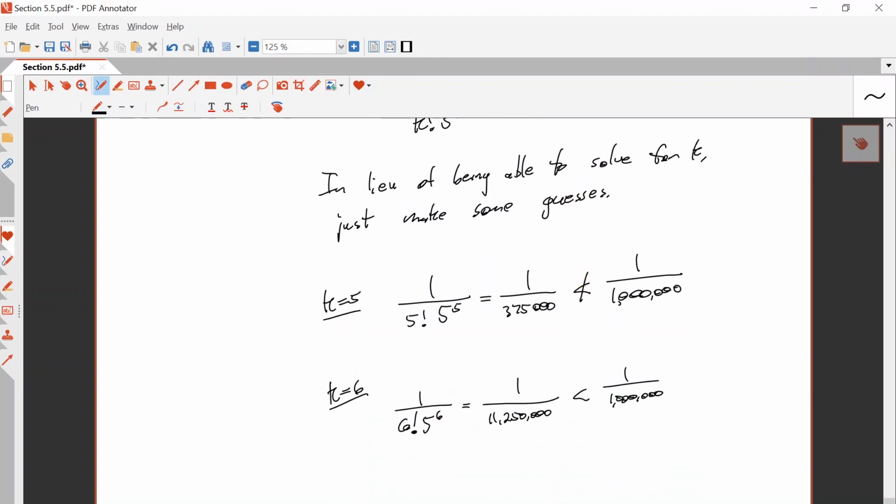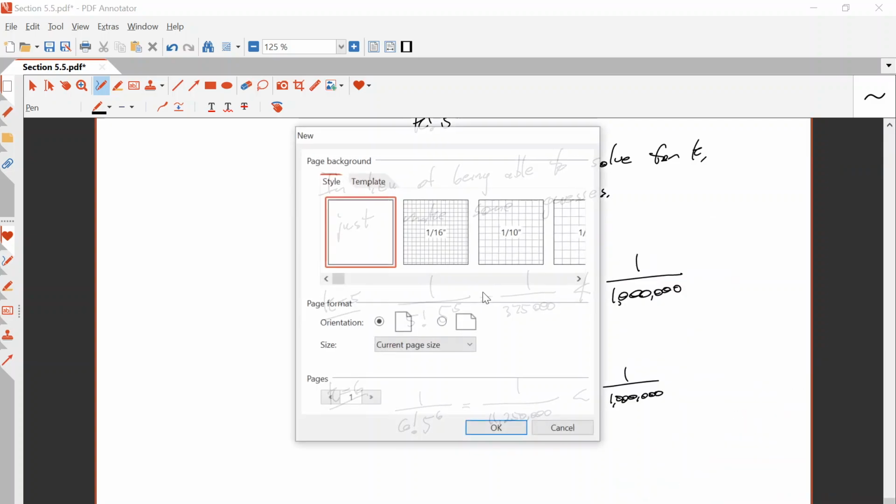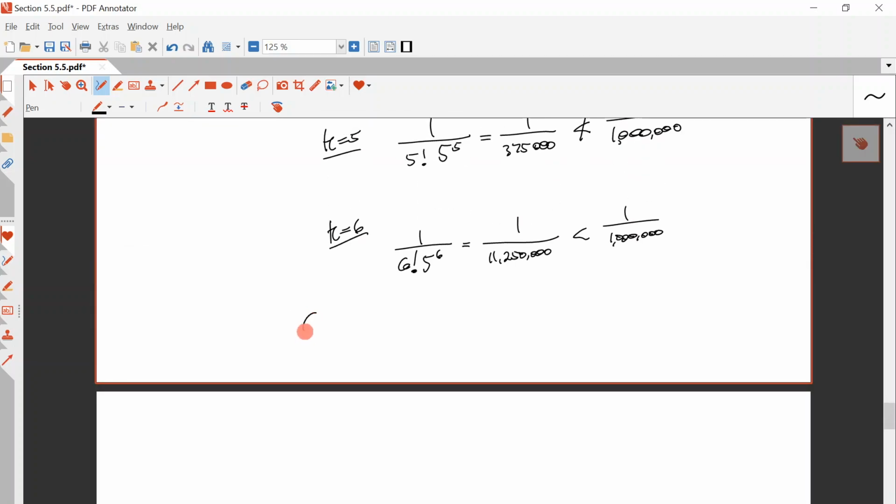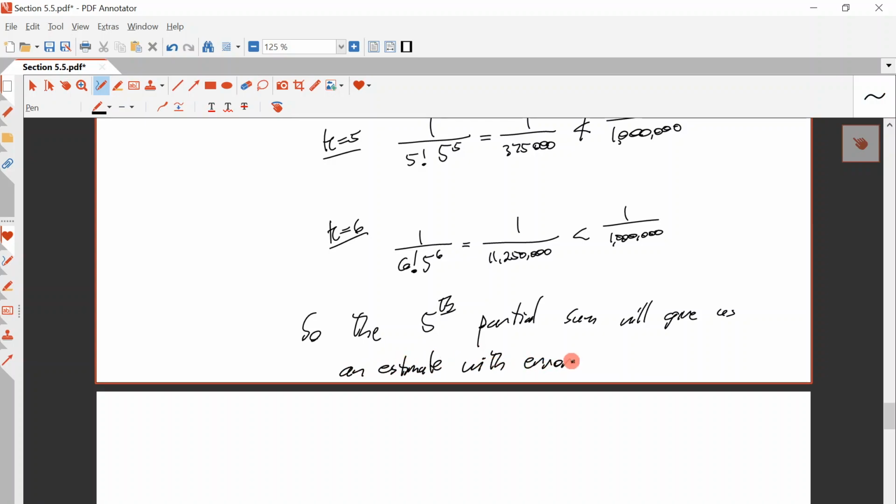Right? So the 5th partial sum will give us an estimate with error less than 10 to the minus 6.